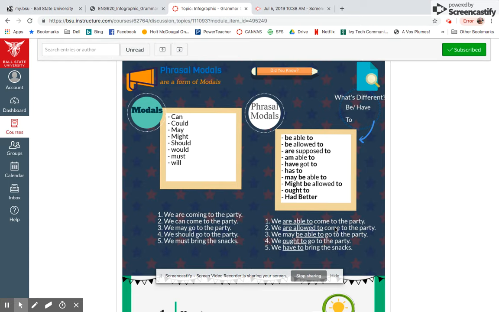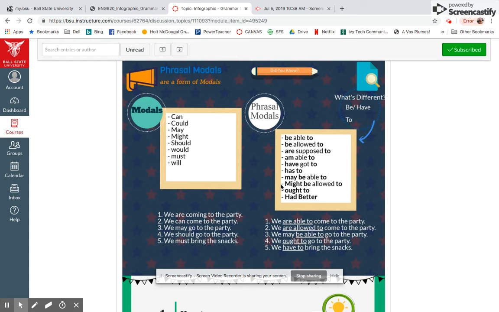You demonstrate that phrasal modals can often be replaced with a simple modal. So good job there.